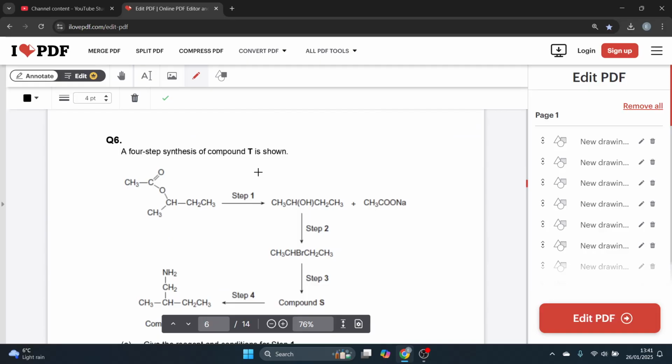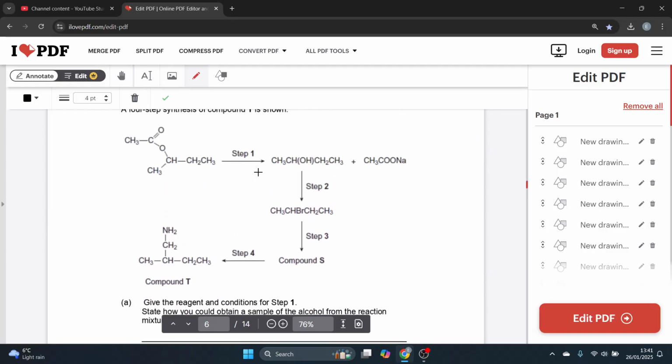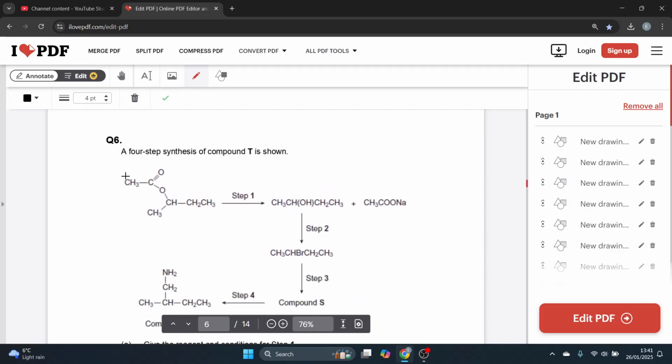A four-step synthesis of compound T is shown. Give the reagent and conditions for step 1. For step 1, what am I going from? This has got a carbonyl group, and this is obviously an ester going to an alcohol.